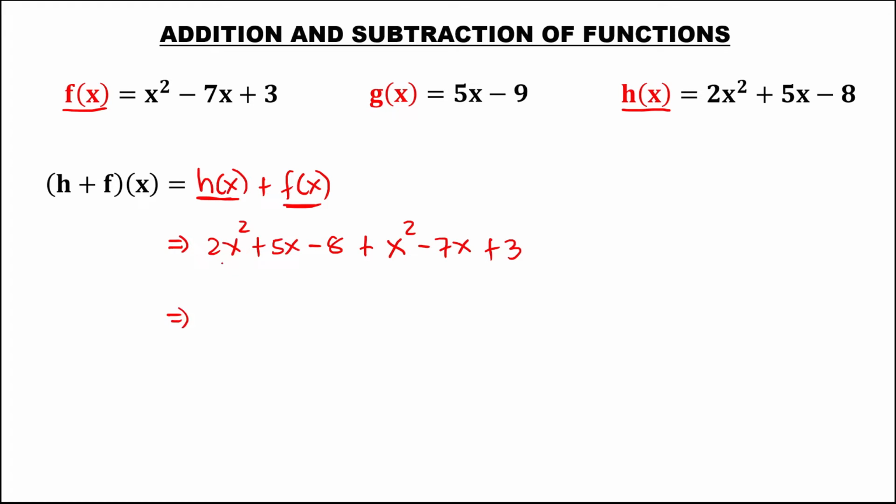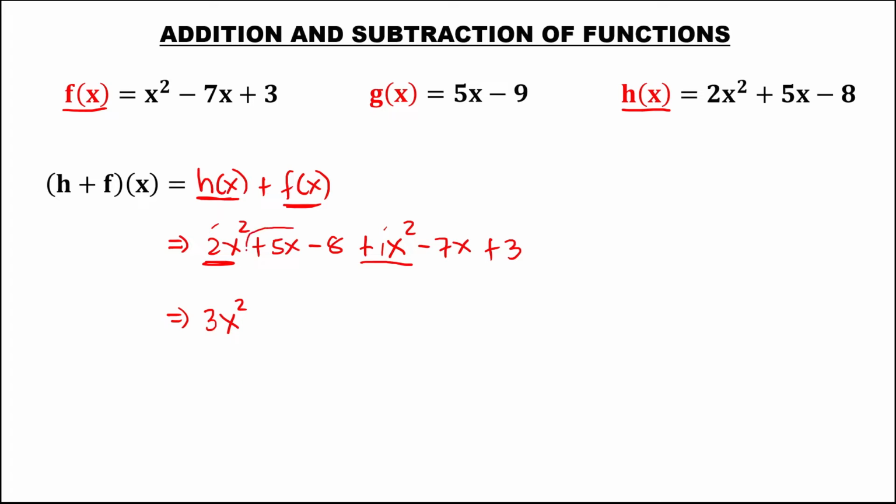Then combine like terms, so 2x squared and positive x squared. Since positive x squared has one numerical coefficient, we have now 2 plus 1, which is equal to 3x squared.